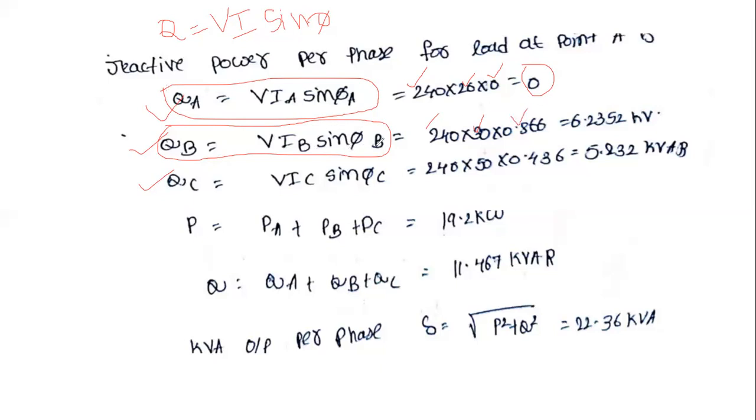Sorry, the power factor at point B is 0.6. By using that power factor, we determine the sin phi value. Then we obtain QB, the reactive power at point B, that is 6.235 kilovolt-amperes reactive.